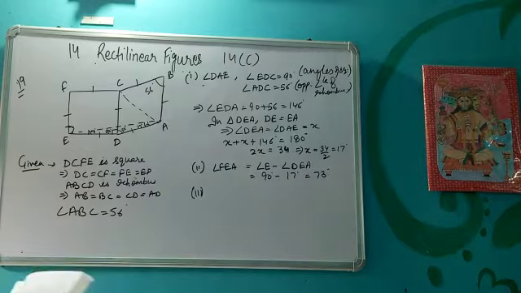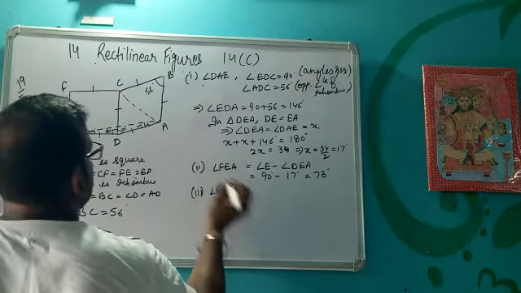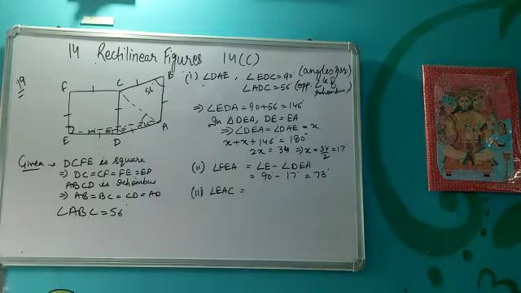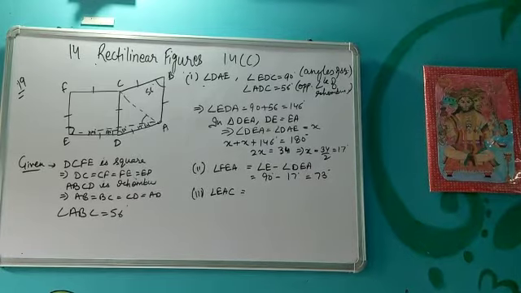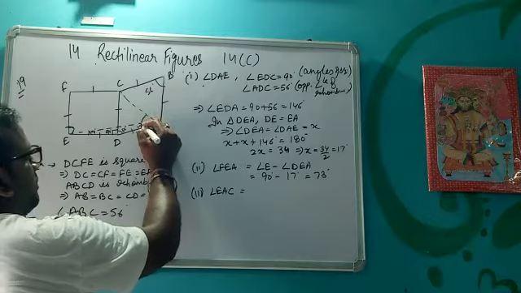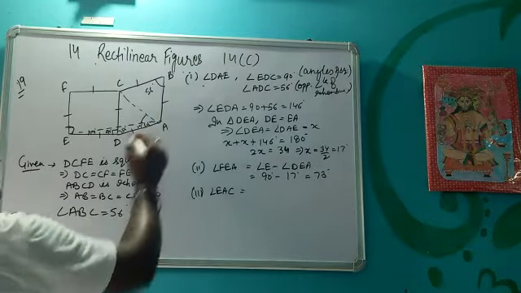Next is angle EAC. That means we have to find the value of this angle. For this angle, we will find this whole angle.